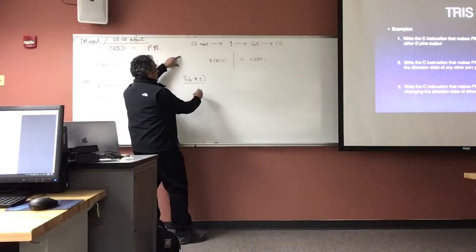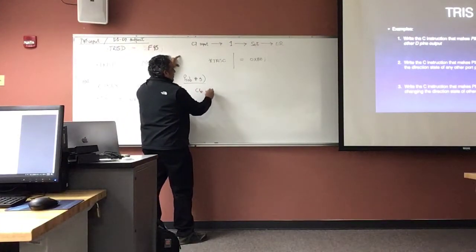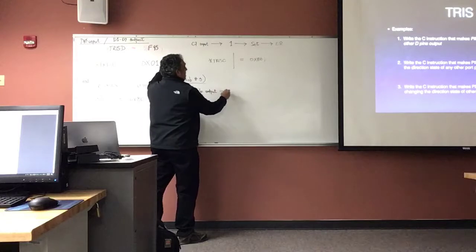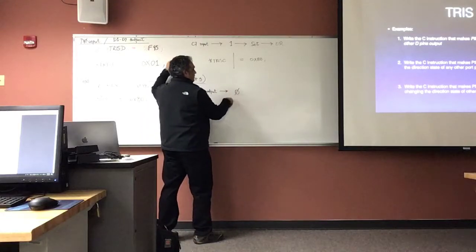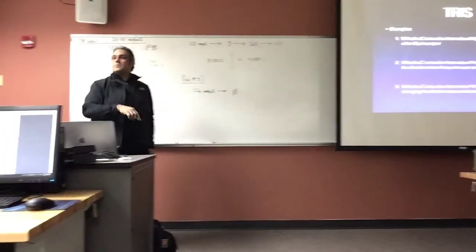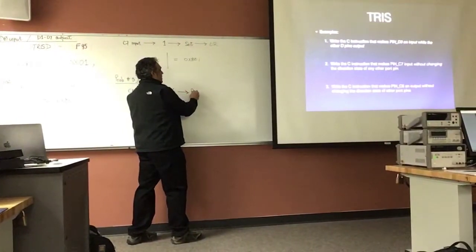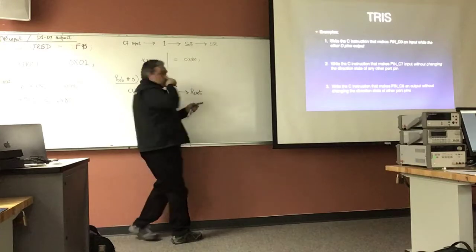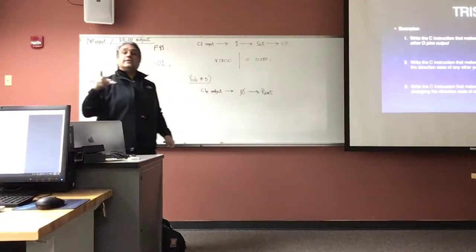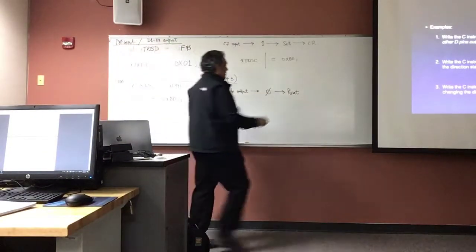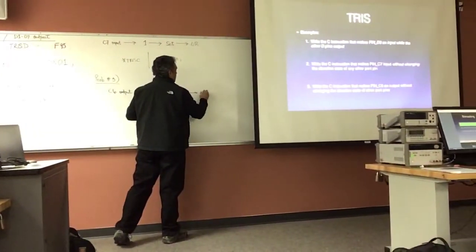So I need to make C6 an output. Logically speaking, output is done with a 0. That's what the data sheet tells me about this processor. 0 in bit masking means reset. And reset needs what gate? The AND gate.